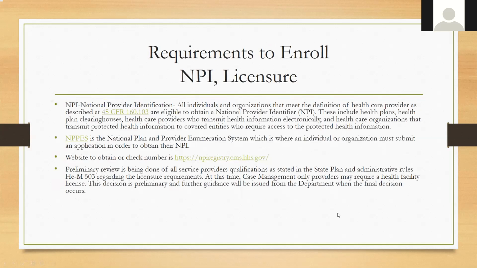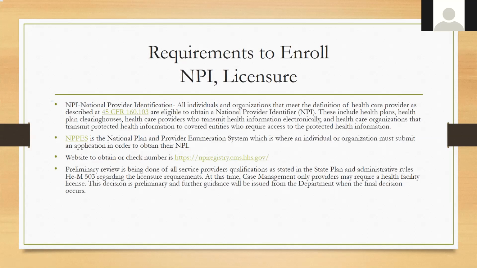Okay, here we are with the NPI. The National Provider Identification Number: all individuals and organizations that meet the definition of a healthcare provider, as described at 45 CFR 160.103, are eligible to obtain a national provider identifier.